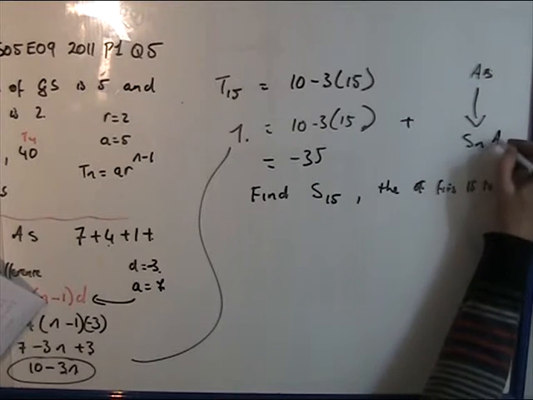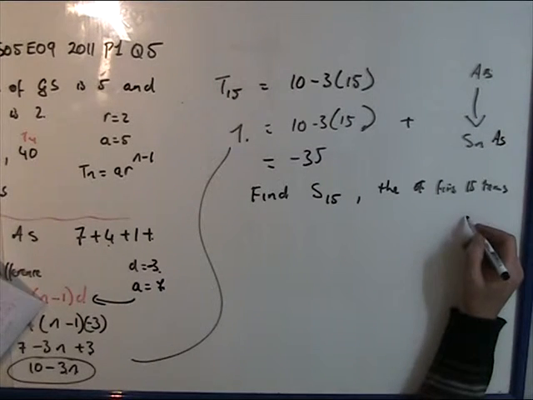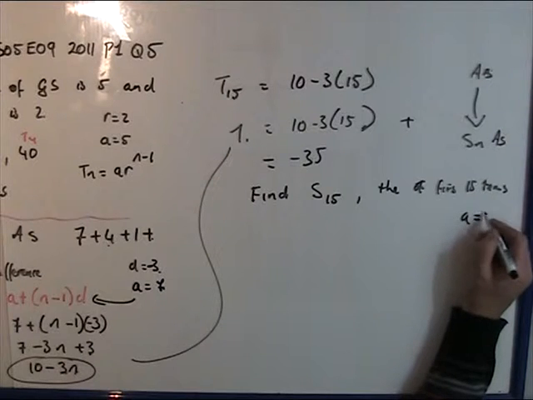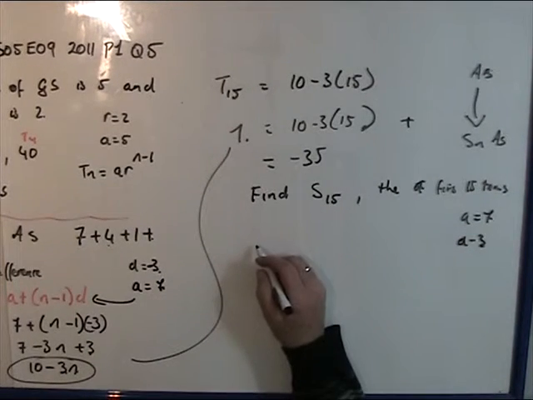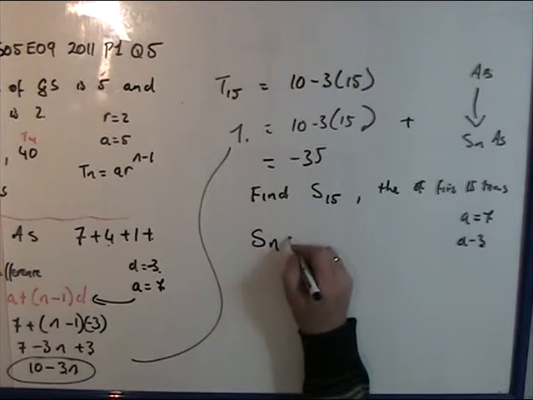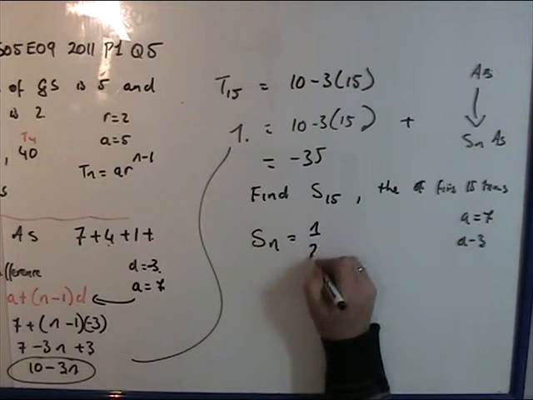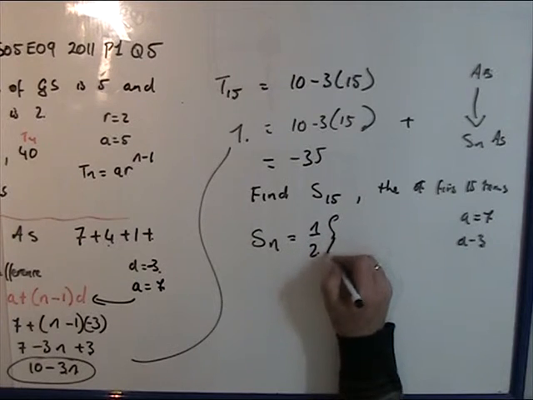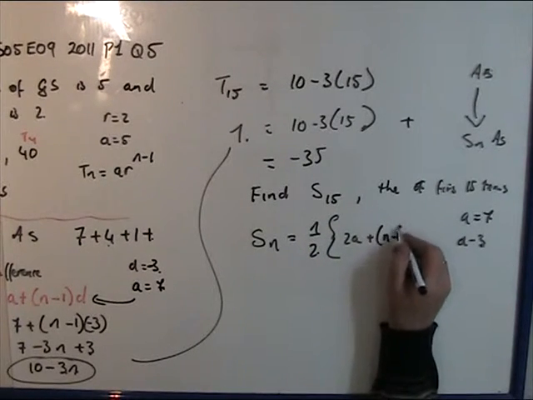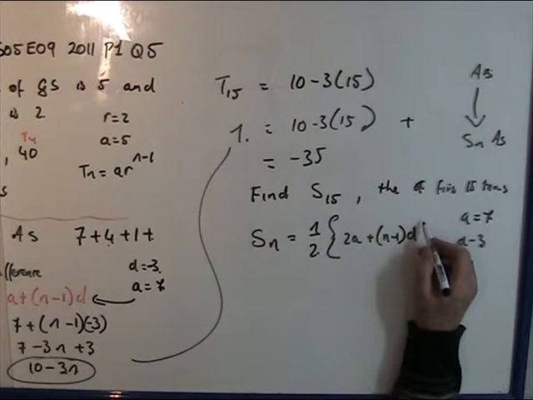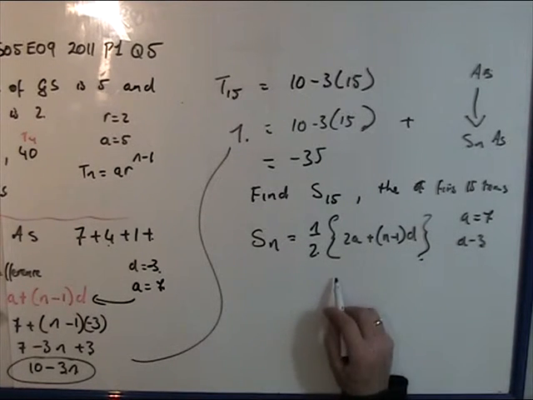Now I know that my value for a is 7 and d is minus 3. I use my formula, n over 2 times 2a plus n minus 1 times d. That's the arithmetic series.